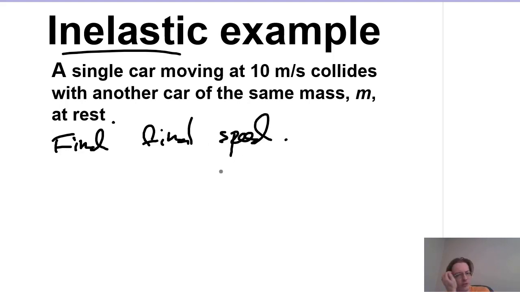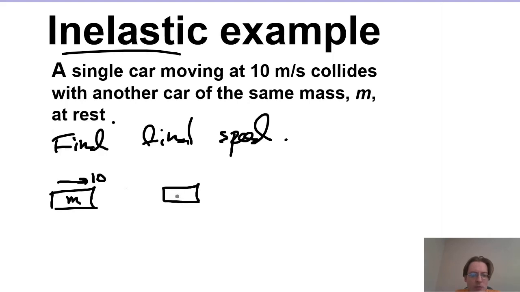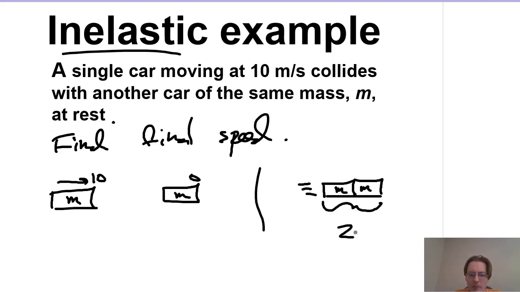Now let's think about this. Before the impact, I've got one car moving at a speed of 10 and the other one's at rest. No speed at all. Now, after the impact, they're both moving together. In other words, the total mass that's now in motion is 2m.